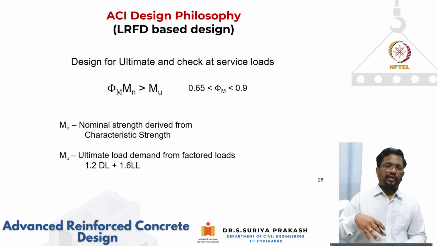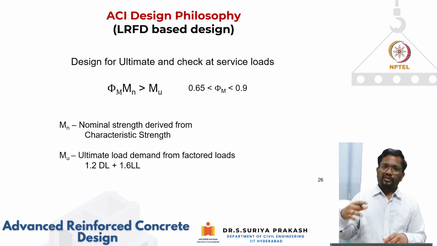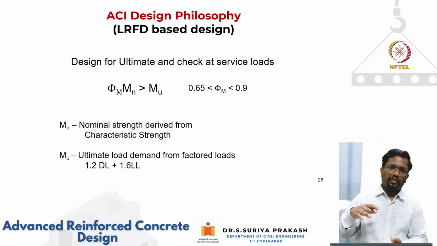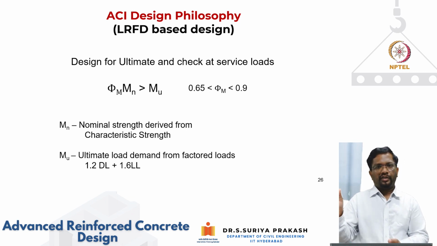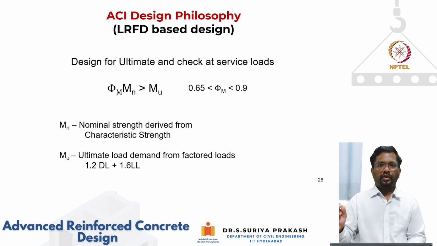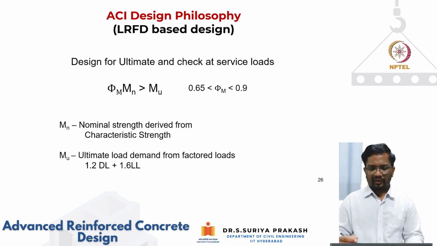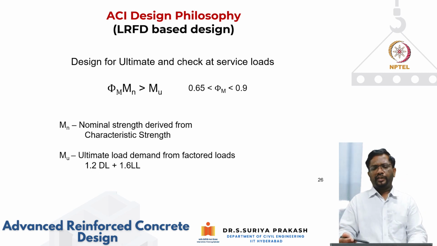We just use the partial safety factor, which is not really depending upon the failure mode. We have other reduction factors. For example, when your column is failing in compression mode, there is a reduction factor, but it does not really account for the modes of failure. So this is the thing. Again, the ACI code is also the same as the limit state method that we follow.